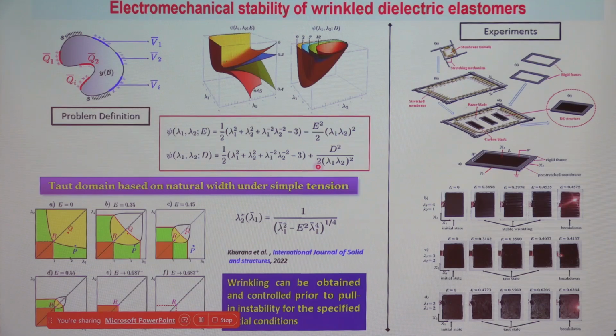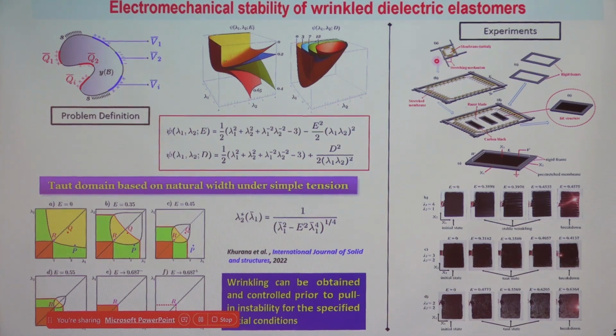Now see, for example, if we have a dielectric membrane, we pre-stretch that membrane in one particular direction. You can visualize from here. We have our stretching mechanism, which I showed you yesterday. So we have uniaxial pre-stretching of the membrane.